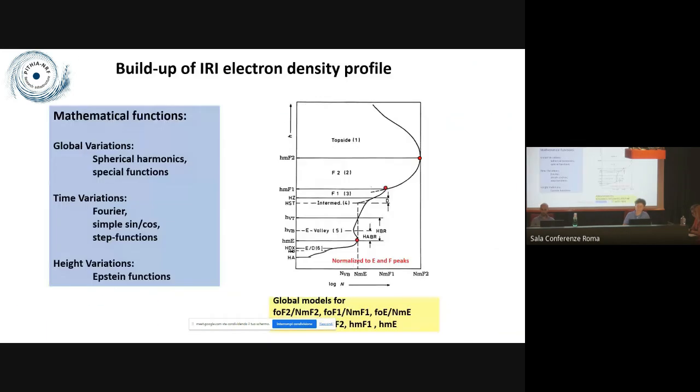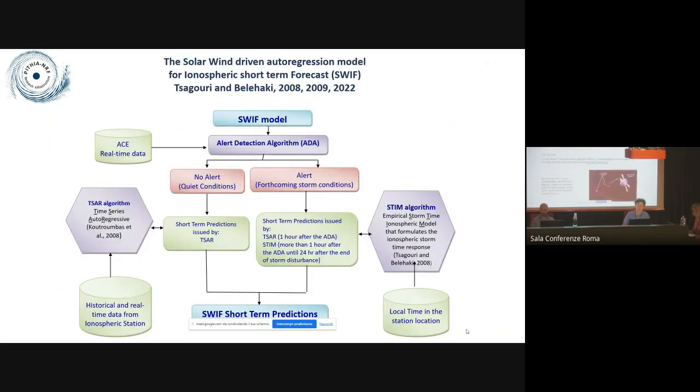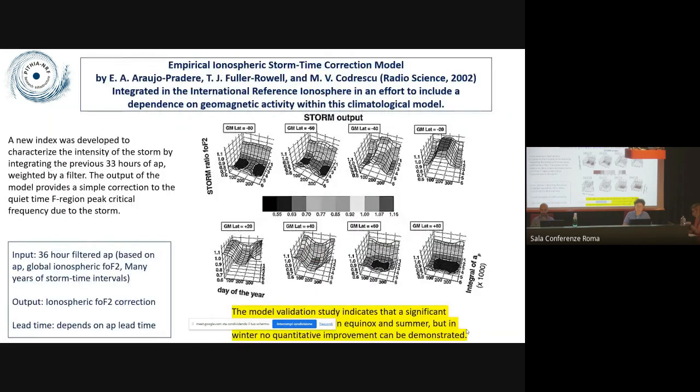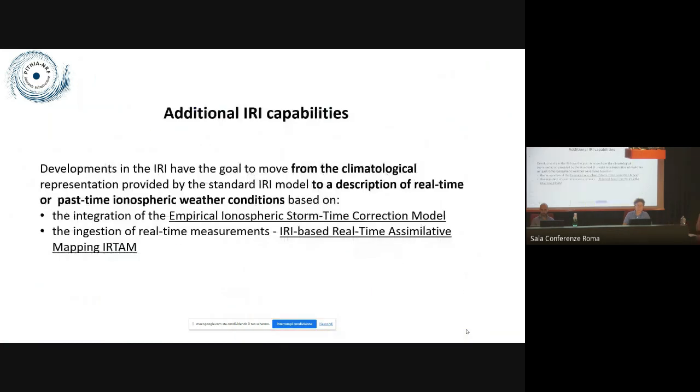Very also important for our investigations. It is of critical importance to have a reference electron density profile reconstructed from the bottom side up to the top side, and this is what IRI is doing using Epstein functions for the height variations. Okay. Now, some additional IRI capabilities.